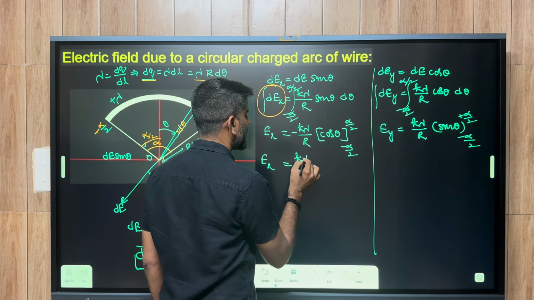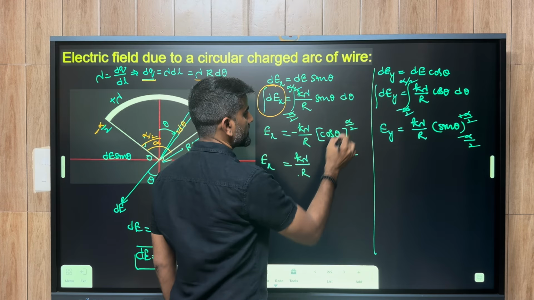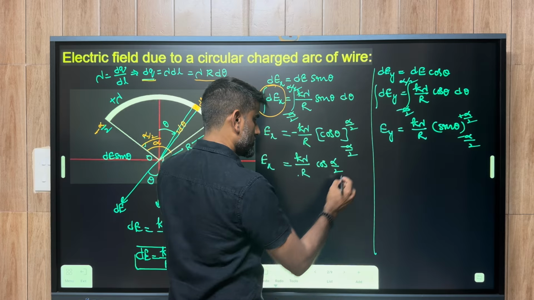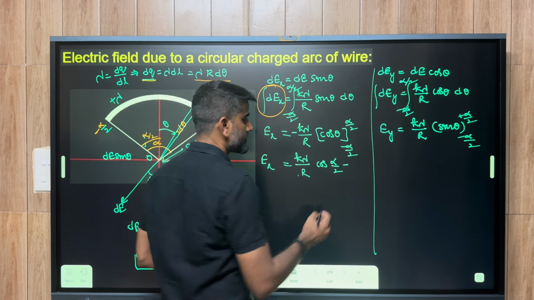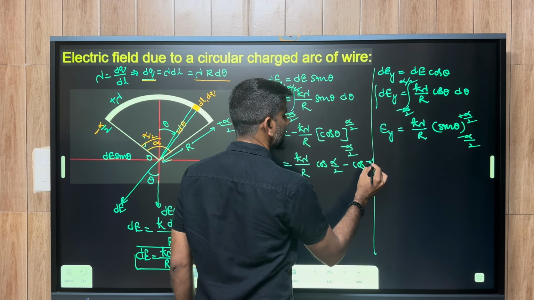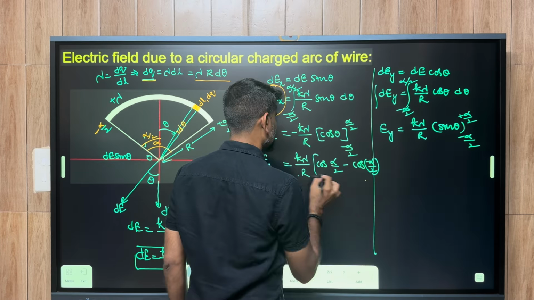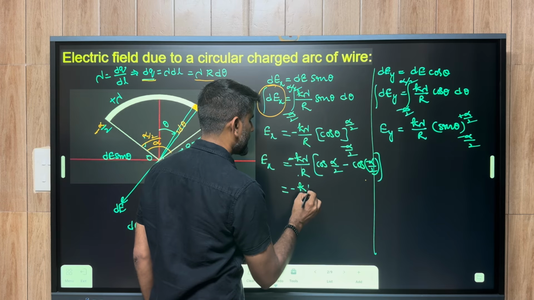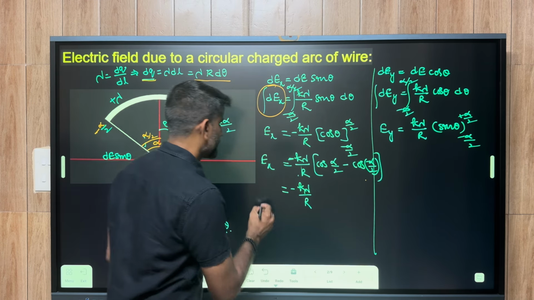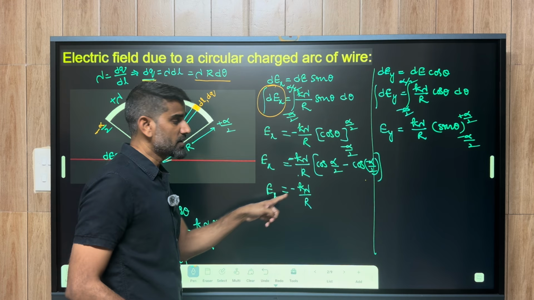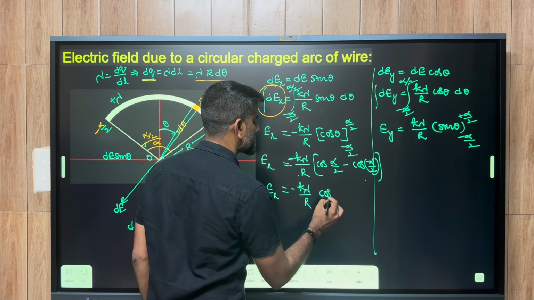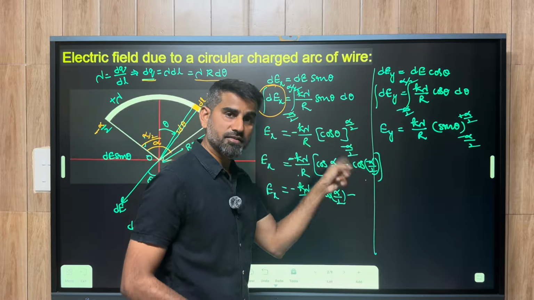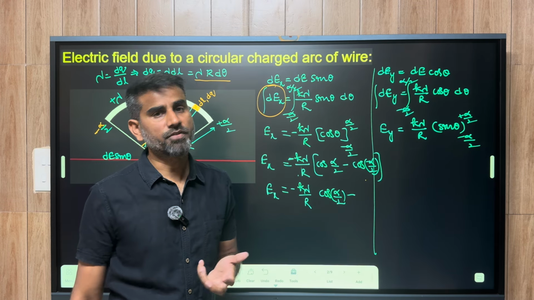Ex is equal to minus k lambda by r times cos alpha by 2 minus cos of minus alpha by 2. We have the minus sign here, right? Cos of minus theta is cos theta only, because cos is an even function.